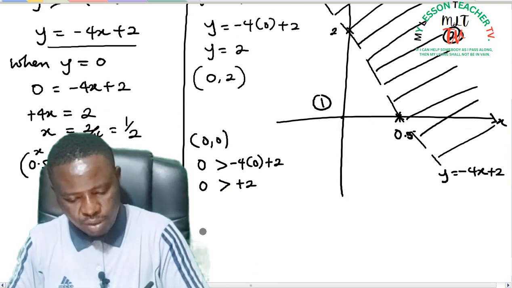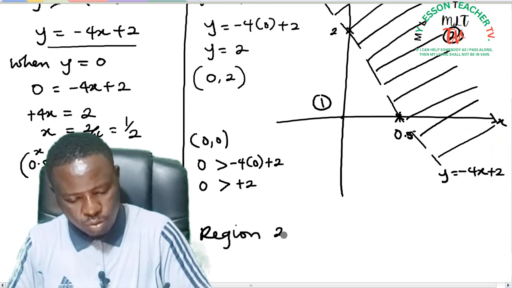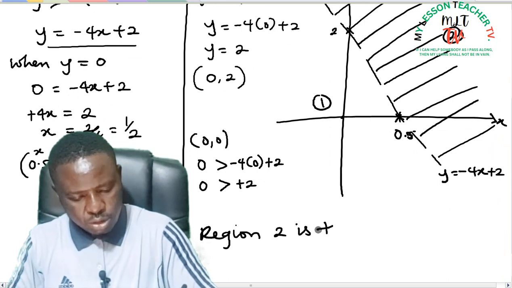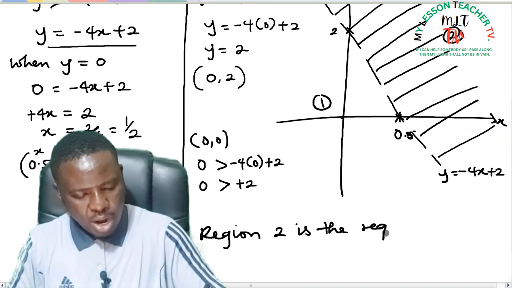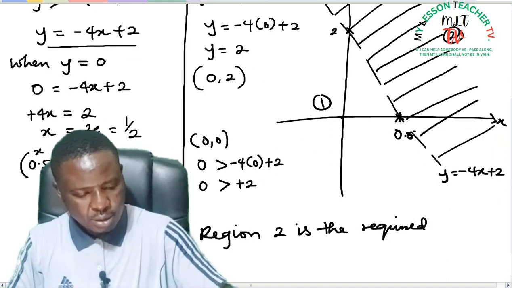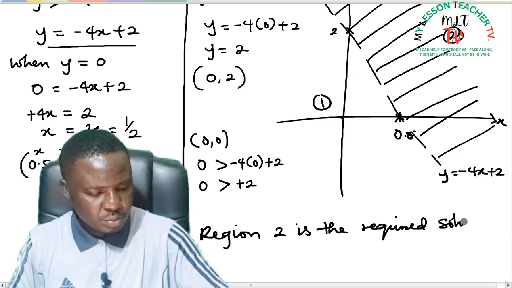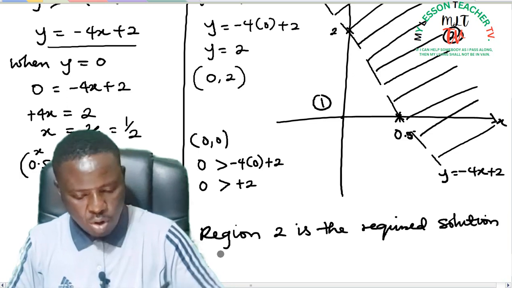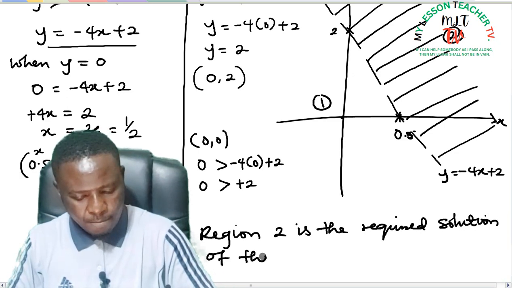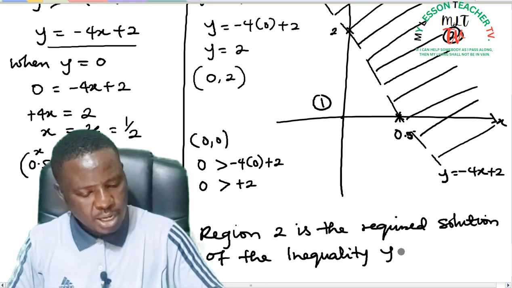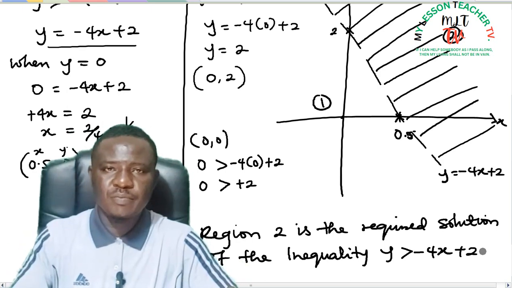So therefore, region 2 is the required solution of the inequality y is greater than minus 4x plus 2.